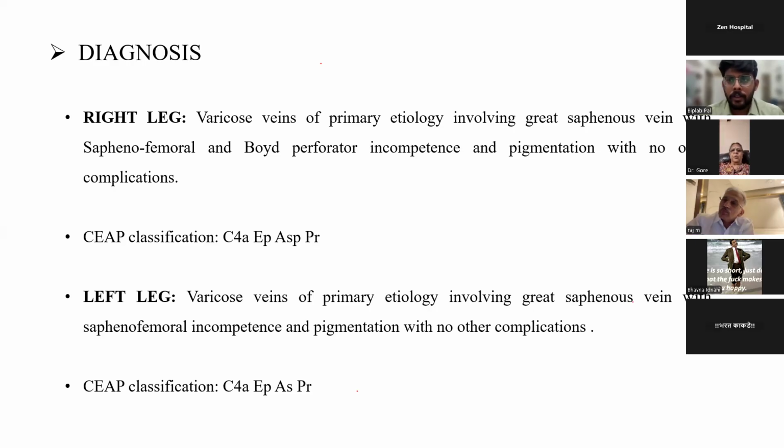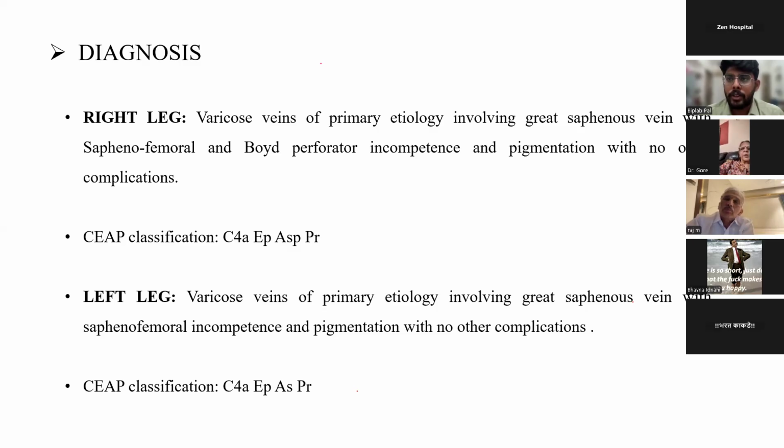And how do you tell us about the C part of CEAP? Ma'am, according to the new classification, C0 is no... How do you describe the C part of CEAP? Ma'am, as C4A, from all the findings that are present clinically, we will mention. So tell us all components of C. Ma'am, C1 is telangiectasia or reticular veins.